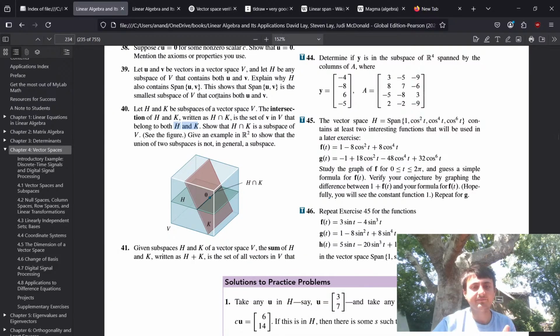Okay, I got it. This one's easy. So for 40, consider the two vectors in R2, (1, 0) and (0, 1). If you take the union of these subspaces, or I guess a times (1, 0), and okay, I'll just write it out.